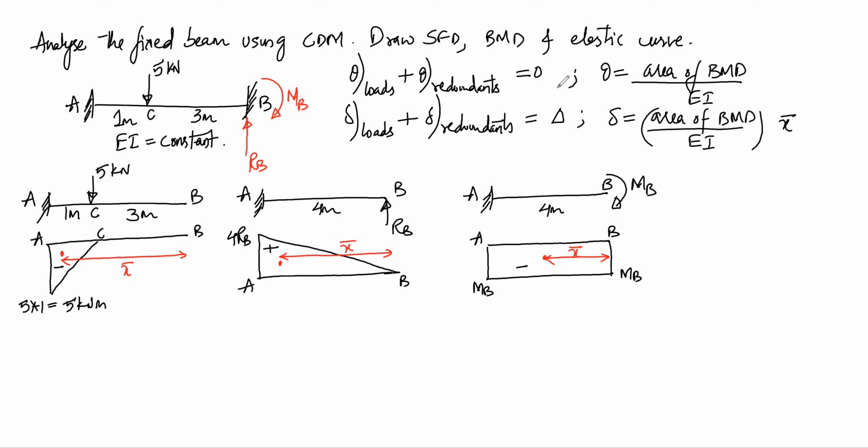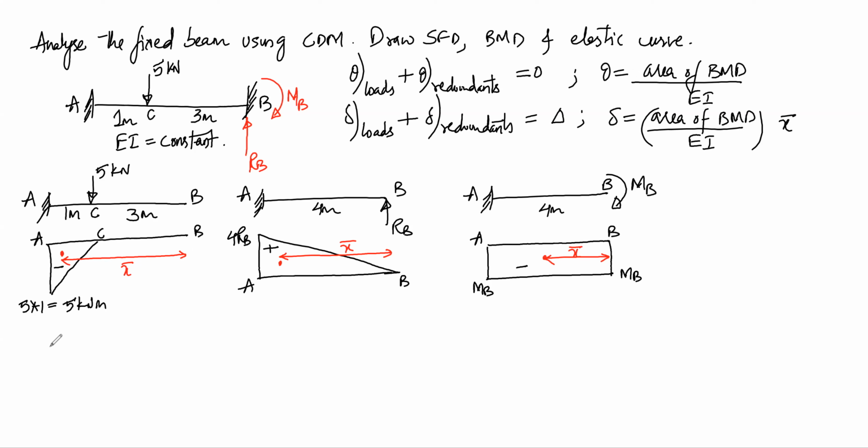Now we can apply our compatibility equations. So applying the first compatibility equation, that is slope due to loads plus slope due to redundants is equal to 0, and slope is given as area of BMD divided by EI.